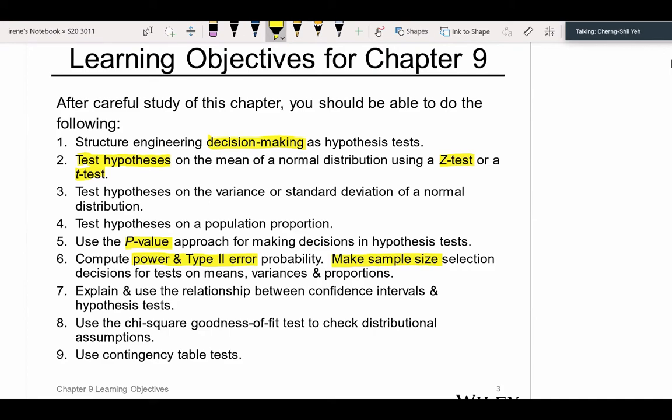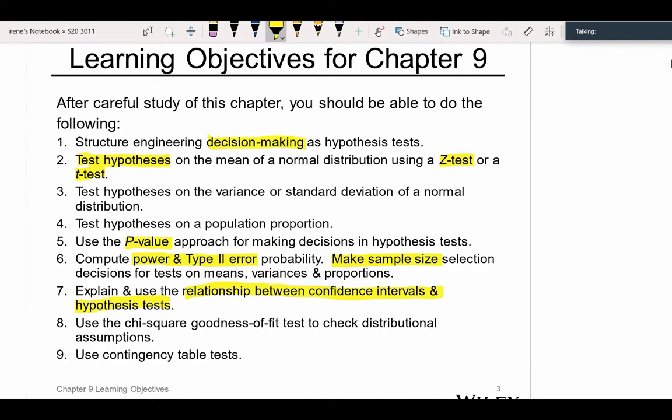And today, we're going to explain the relationship of confidence interval and hypothesis testing. Since we're going to have quiz 4 today, I hope all of you have a pretty good understanding of confidence interval, because we're going to elaborate on confidence interval to show you how to perform a hypothesis test.